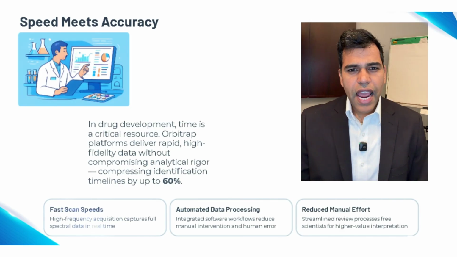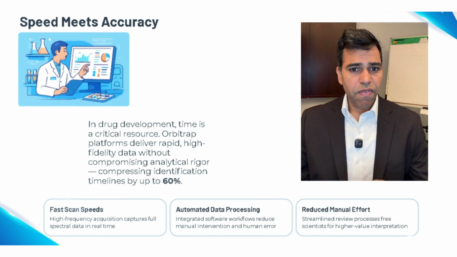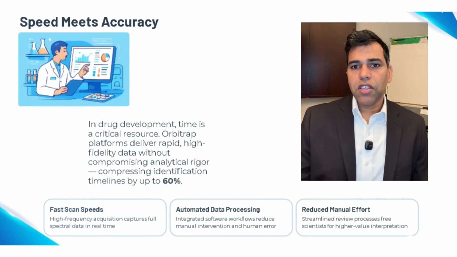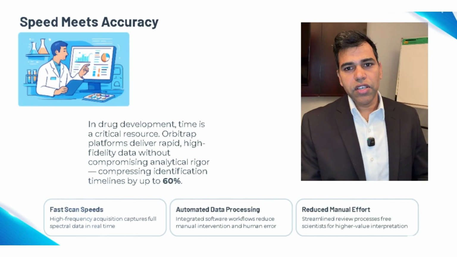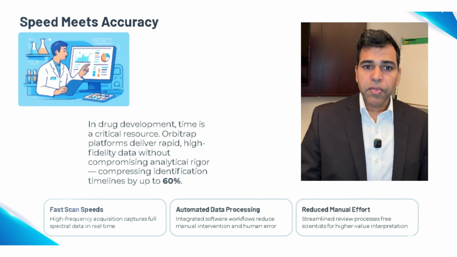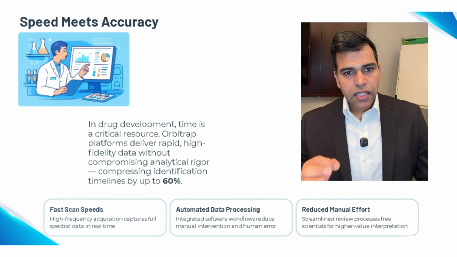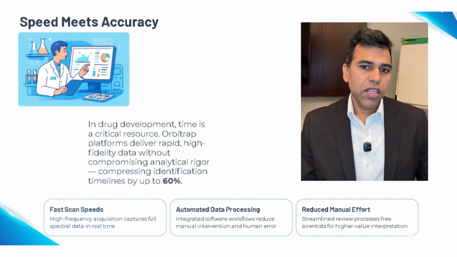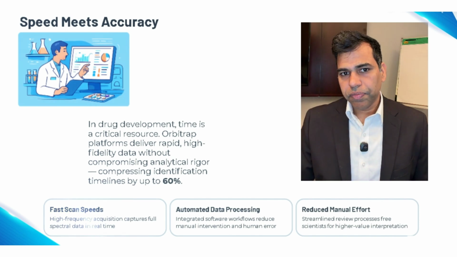Automated software handles peak annotation, formula assignment, and flagging, which means your scientists can spend less time doing manual review and more time doing what they're actually good at: interpretation and decision making. That's a real operational advantage, especially when you are under development pressure.